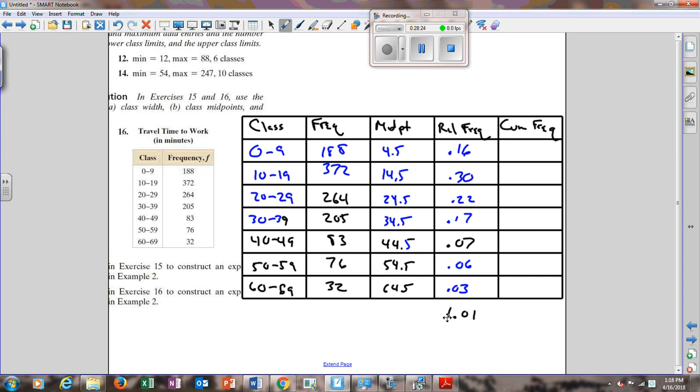That's real good. Our cumulative frequencies. First one's always going to be exactly what the frequency was. Now you just do this frequency plus this one. Gives you 560. Then you add the next one on. 824. Then 1029.